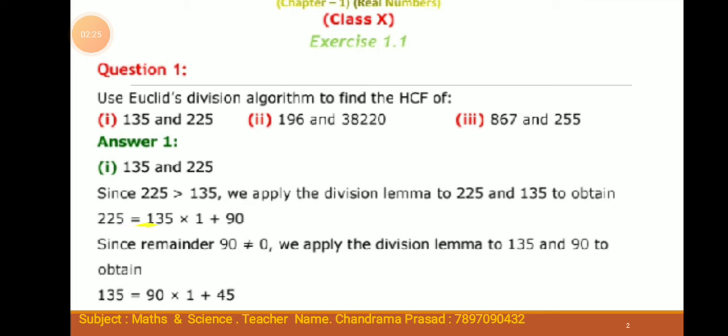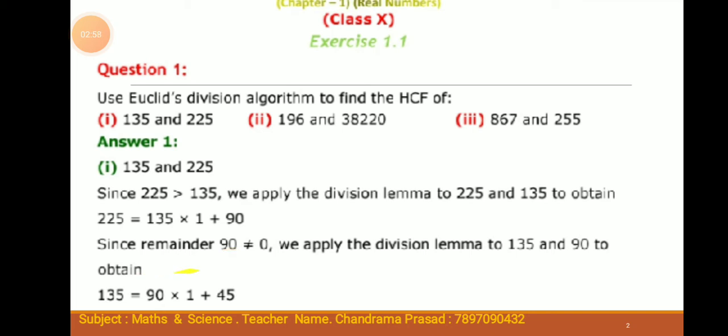Since 225 is greater than 135, we apply the division lemma to 225 and 135 to obtain 225 = 135 × 1 + 90.